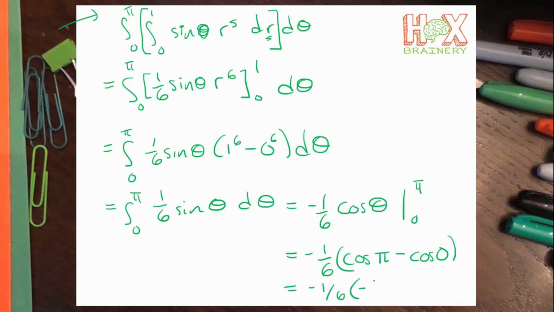Cosine pi is negative 1, cosine 0 is 1, so it's negative 1 minus 1. I'm trying to write this a little bit smaller. So this is negative 2 times negative 1/6, that's positive 1/3. So that's your answer.